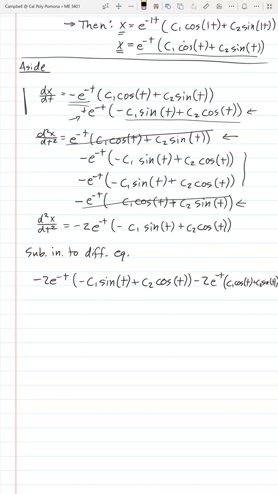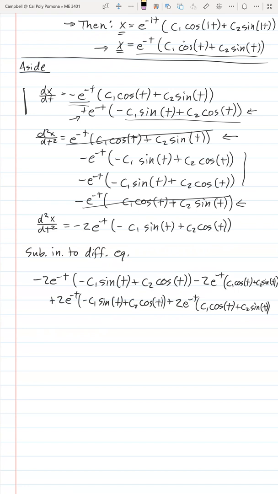And then we have a plus 2 times e to the negative t times a negative c1 sine t plus c2 times cosine t. And then last but not least, we have 2 times x. So plus 2 times x is e to the negative t times c1 cosine t plus c2 times sine t.